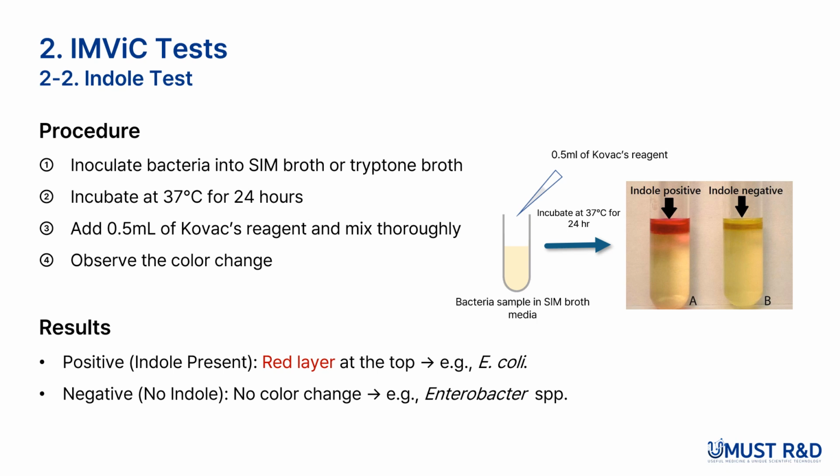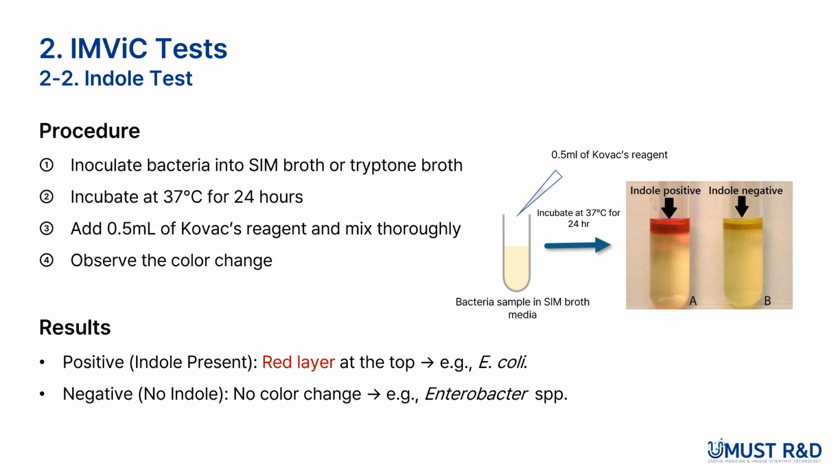After incubation, we add about 0.5 milliliter of Kovacs reagent to the broth and mix gently. Kovacs reagent reacts with indole if it's present, producing a red color compound at the top of the medium.